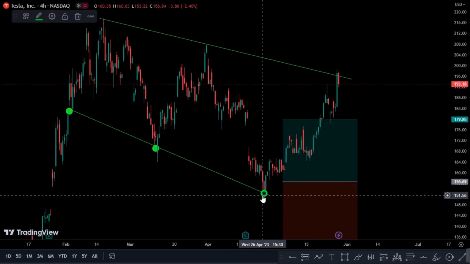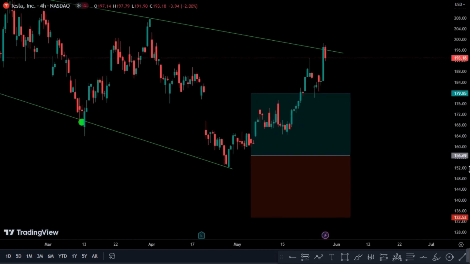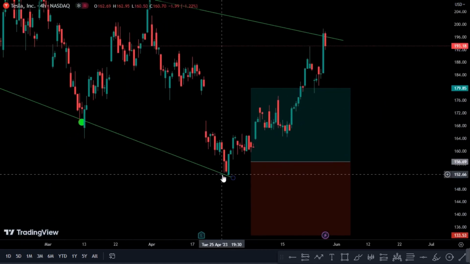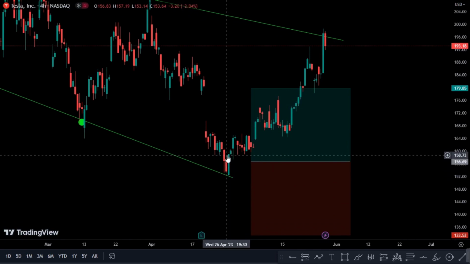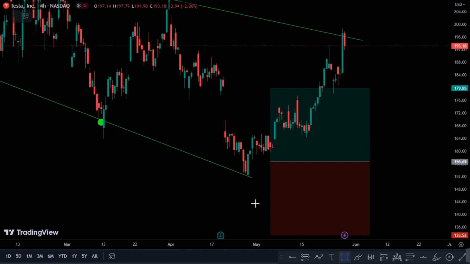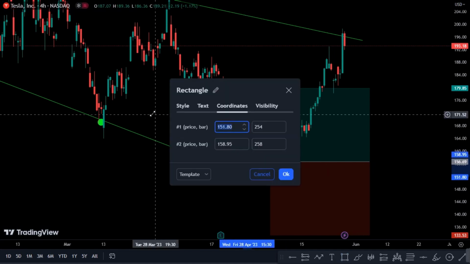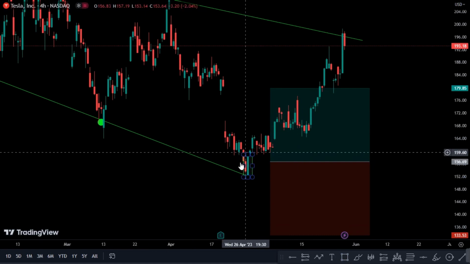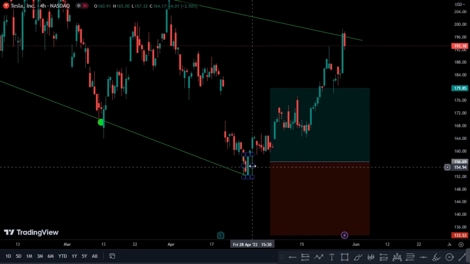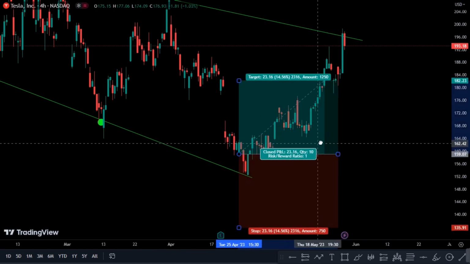Once it got here, we would have waited for proper price action. As you can see, we had this reaction, and as soon as this bullish candlestick closed, engulfing the entire previous bearish candlestick, that would have been our confirmation for entry.